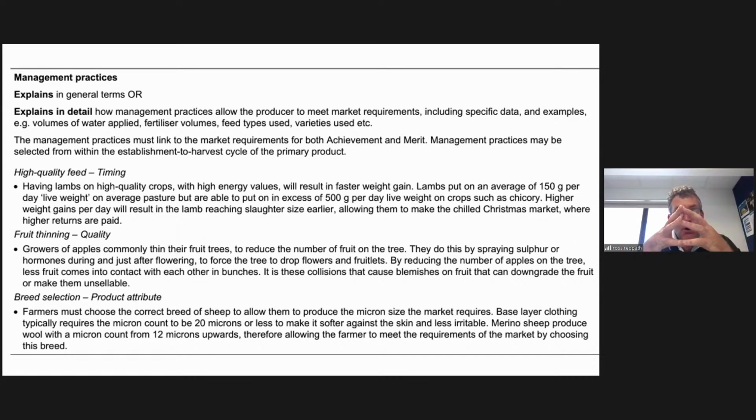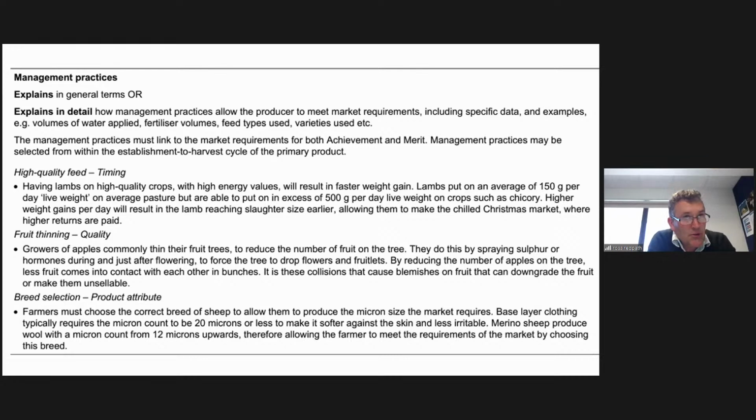Okay. Excellence level, as with in 3.3, you are going to be asked about justifying.